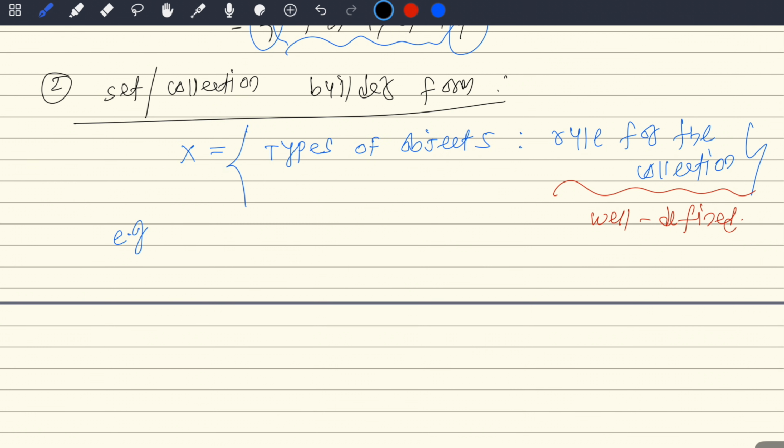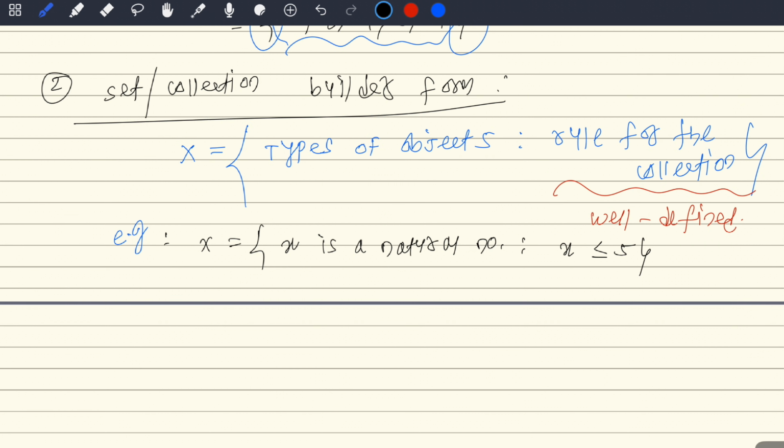For example, suppose my set X is equal to {x : x is a natural number such that x is less than or equal to 5}.